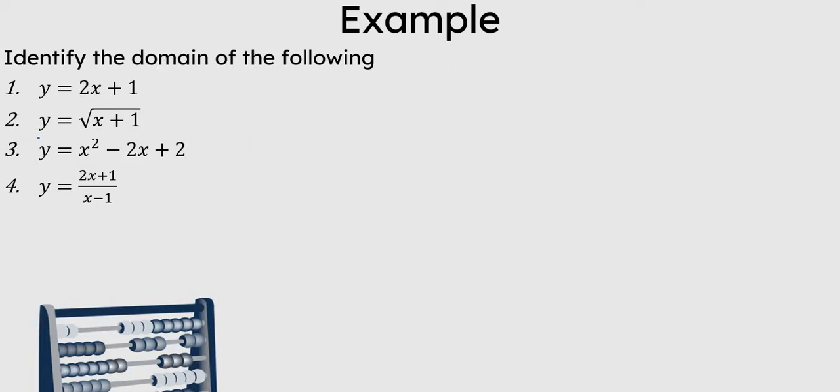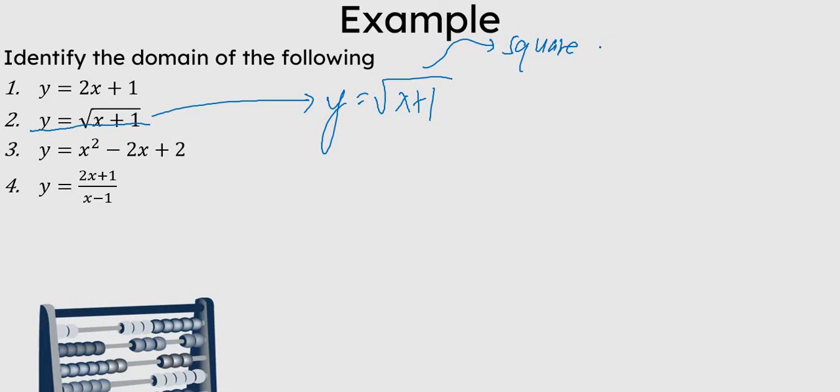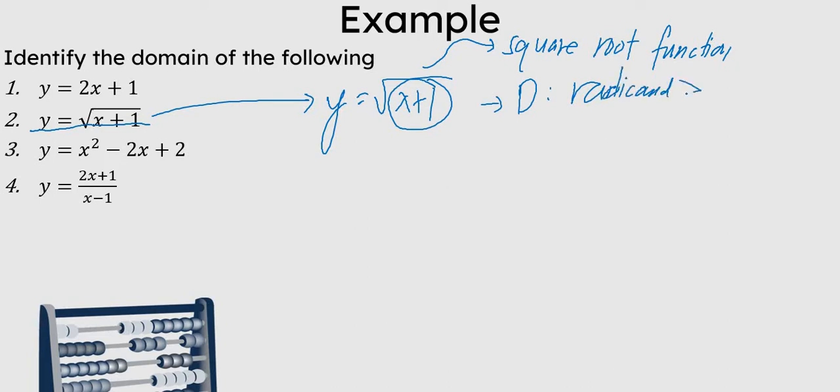How about for functions such as number 2? Our function is y equals the square root of x plus 1. And usually we would call this function the square root function. Do take note that for square root functions, whatever is inside the square root symbol, called the radicand, we should solve it so that it is greater than or equal to 0.